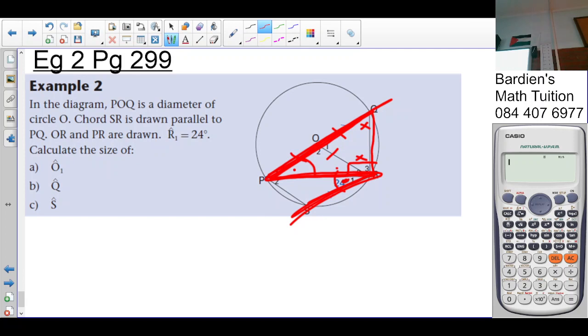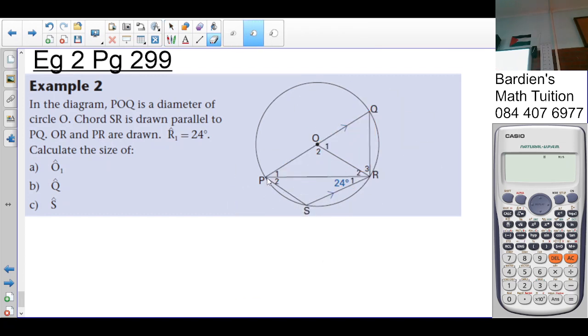Then we are told that OR and PR are drawn. R1 is 24. Calculate the size of O1. So O1. How can we calculate O1? Angle at center is twice angle at circumference. So in other words, I need P1, or I need R3 or Q, which is far-fetched at this point.